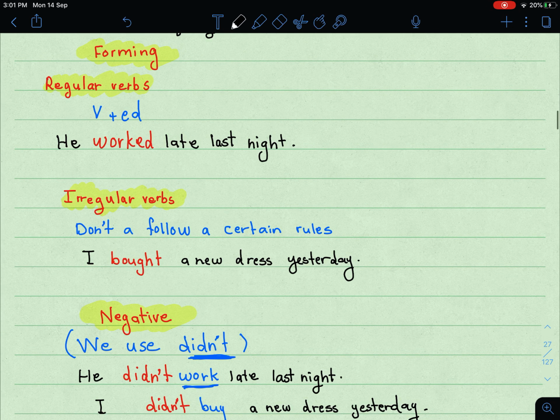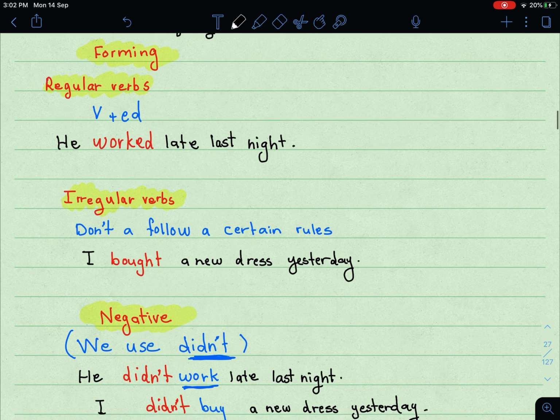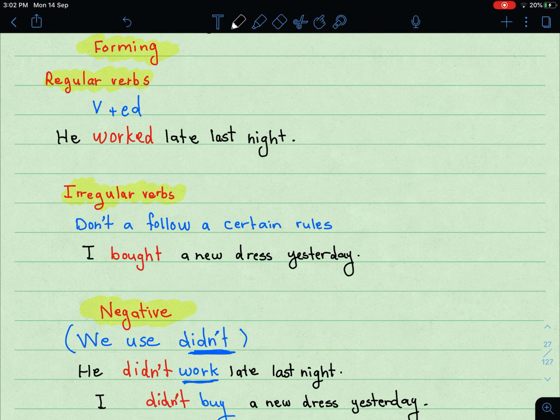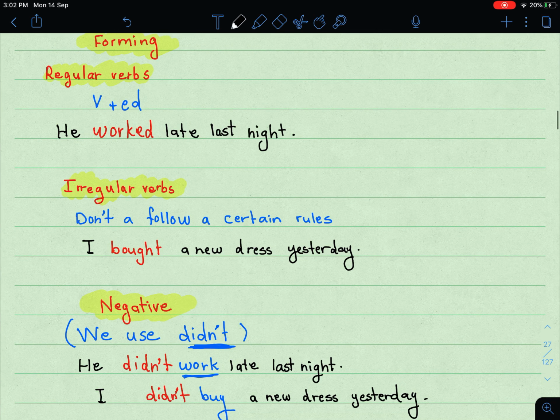Before we start, I'd like to say إنه بقول لكم إنه we have something called regular verbs اللي هي أفعال منتظمة. Regular verbs are usually verbs which follow a certain rule. الأفعال اللي يتبعون قاعدة معينة, والقاعدة هنا تقول لكم verb plus ed. خلاص. If we want the past form of any of the regular verb, الماضي من الأفعال المنتظمة, فقط نضيف لها ed. خلاص.